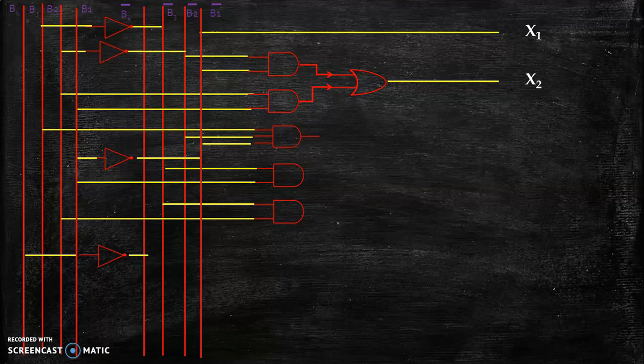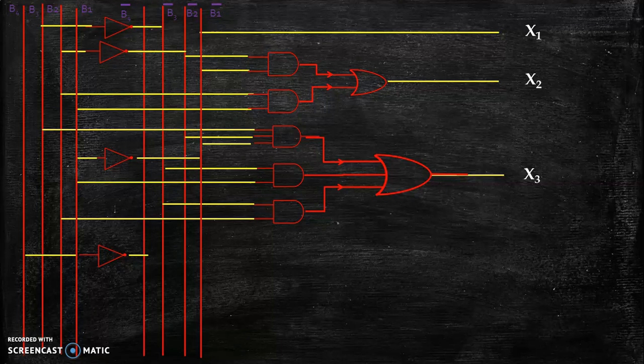At the output stage, we use one OR gate with 3 inputs. The output of each AND gate is given as an input to the OR gate, and we take the output of the OR gate, and that gives us x3.